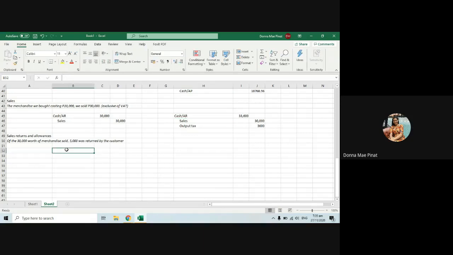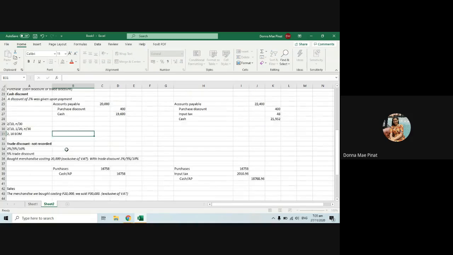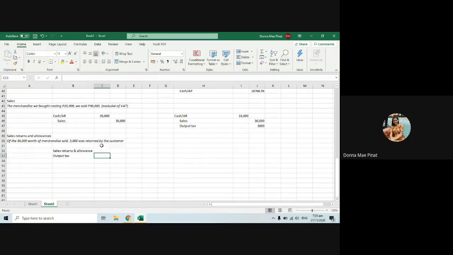So, ang mahitabo is mag-record tag sales returns and allowances, debit. Syempre, naa pod tay output tax, meaning gikuhaan na tong output tax, by 5,000.